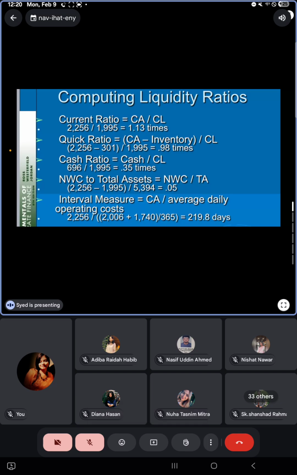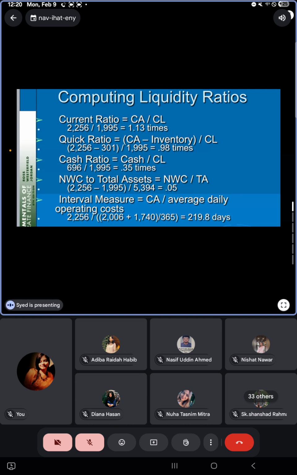Okay. So if you do not invest in new current assets, how many days can you operate your daily activities? How many days can you keep your daily operation running? That you can measure using the interval measure.